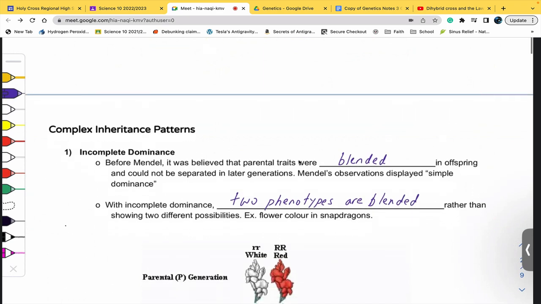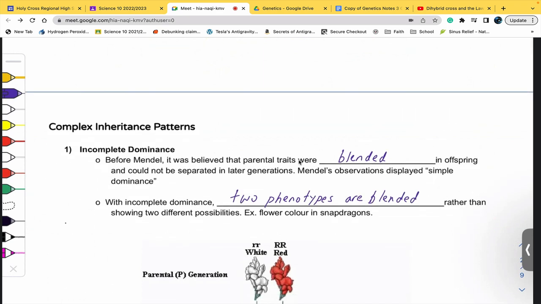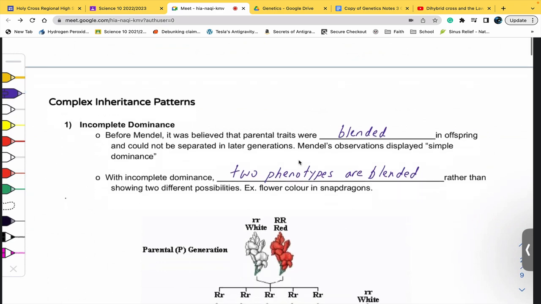But it can be separated. We'll get to that later. So it says here, with incomplete dominance, 2 phenotypes are blended rather than showing 2 different possibilities. So that's what incomplete dominance is. It's an apparent blending.